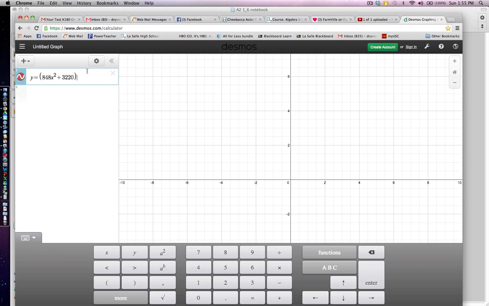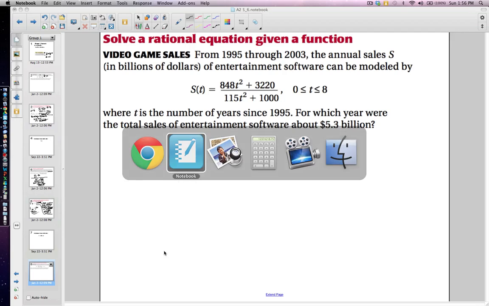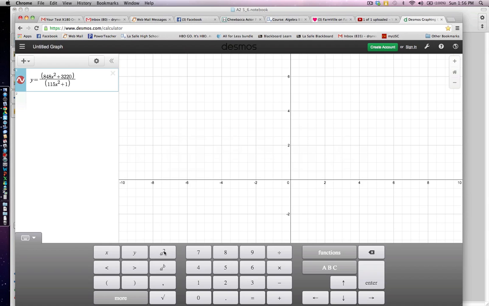And this value needs to be divided by 115 x squared plus 1000.